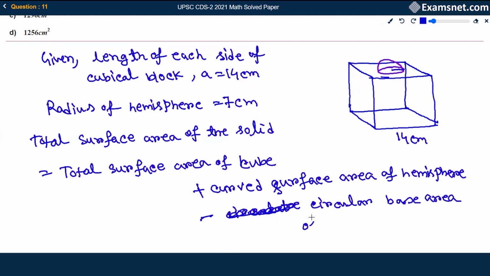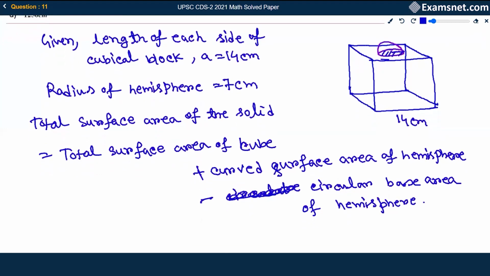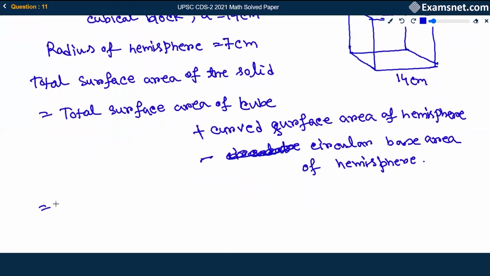Why? Because you can see if there is a hemispherical term, so this portion will be covered by the hemisphere. Only we can see the open area, right? So that's why we have to remove this much portion.